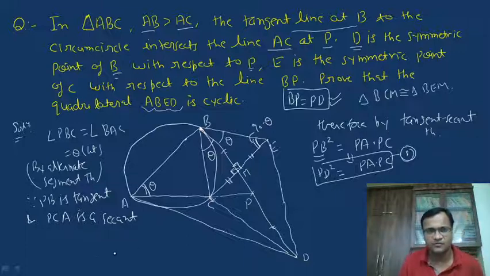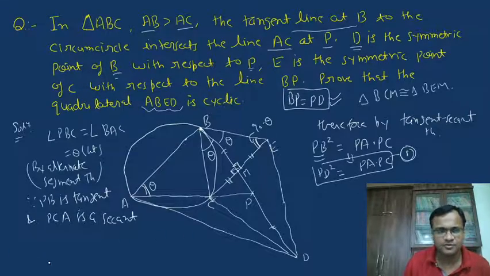Call this equation as 1 and move to the next slide. 1 implies PD square equals to PA into PC.